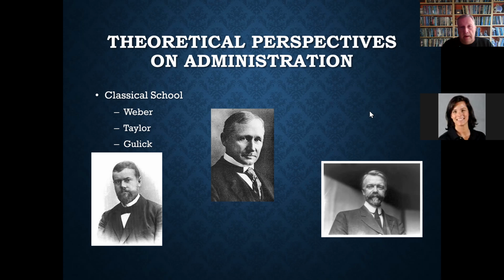Now, we have an entire standalone class, PPA 660, Organization, Theory, and Behavior, that focuses on these types of public administration theories. So tonight in 500, we're just going to hit the tip of the iceberg. We're going to introduce these theories and different schools of thought so you have a working familiarity with them and an understanding of how the theoretical perspectives have developed over the past 150 years.